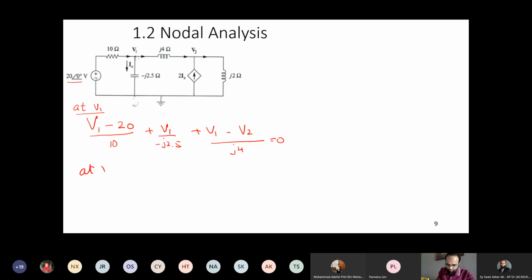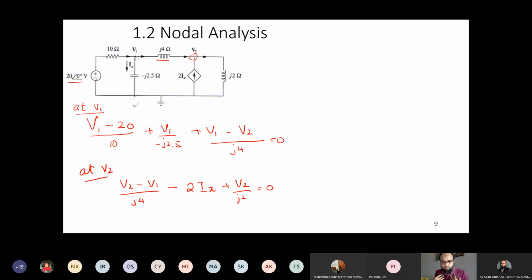Similarly, at V2, this particular node will be V2 minus V1 upon J4 for this inductor, minus 2Ix, plus V2 upon J2 equal to 0.